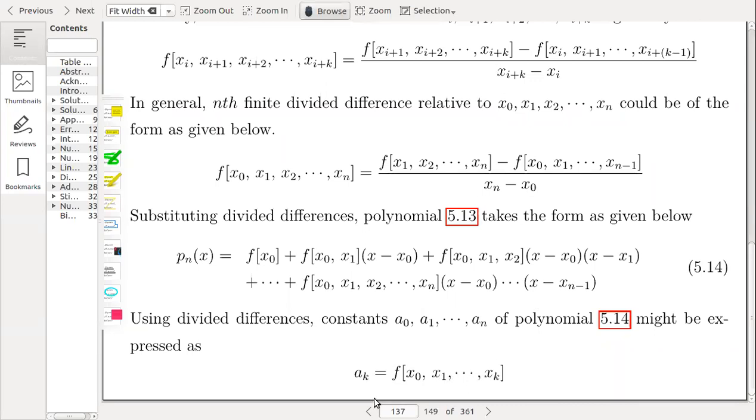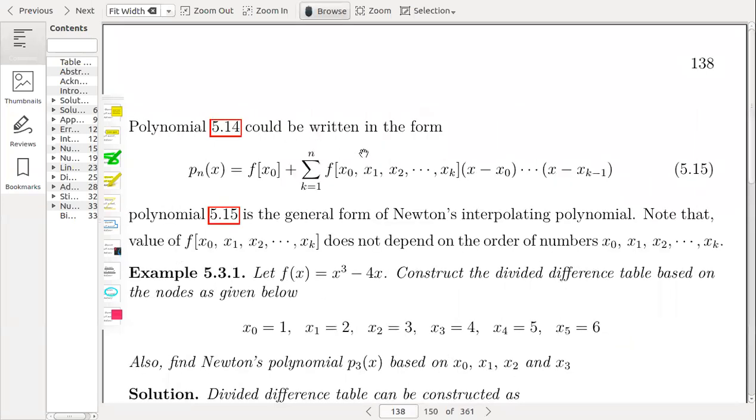So just note, if k is equal to 2, we will have 3 points, x naught, x1, x2. If we have k equal to 1, we will have 2 points. If we have k equal to 0, we will have 1 point.